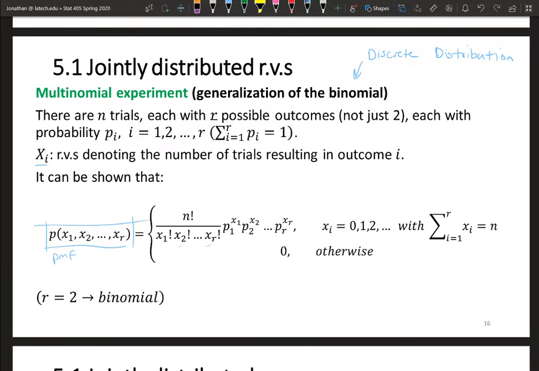Just keep multiplying: the number of trials factorial divided by the number of outcomes with outcome 1, number of outcomes with outcome 2, number of outcomes with outcome r, times probability of outcome 1 raised to the number of outcomes for that first option. So it's very similar to binomial, but a little bit different because we don't quite have those binomial coefficients. We actually do, they're just kind of hidden right here.